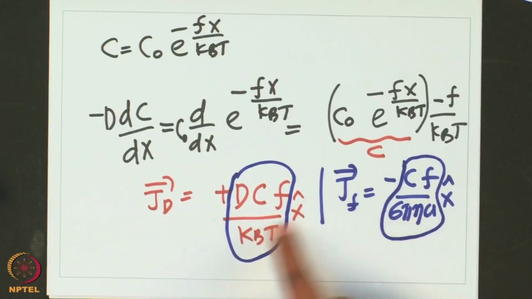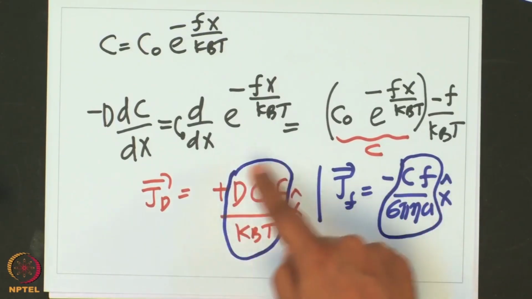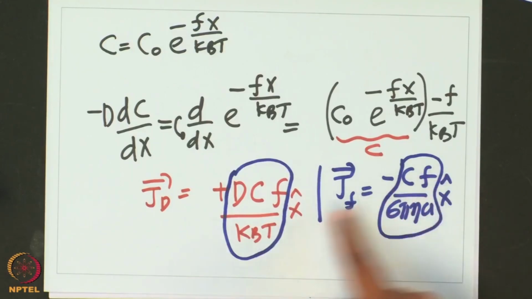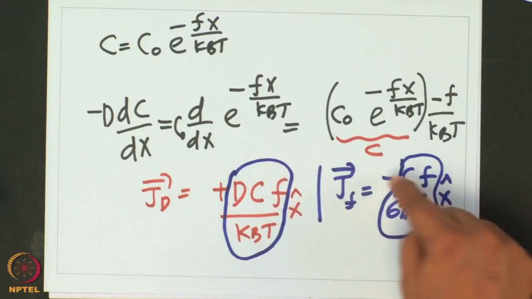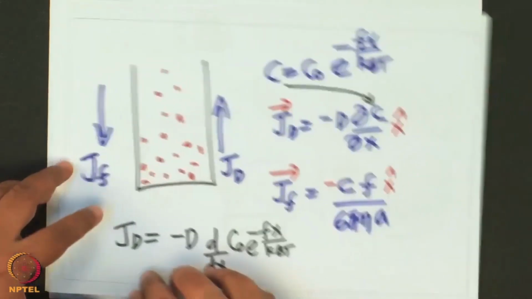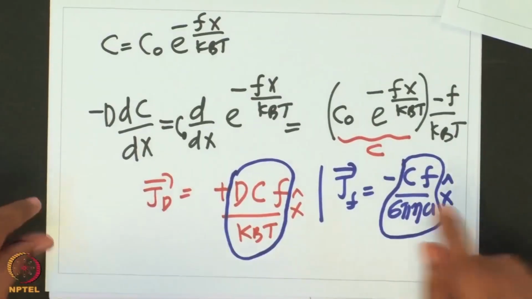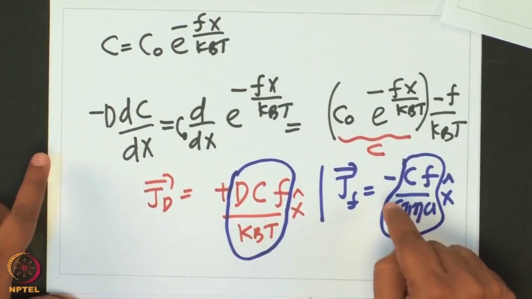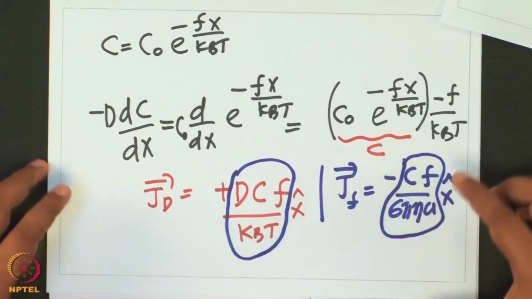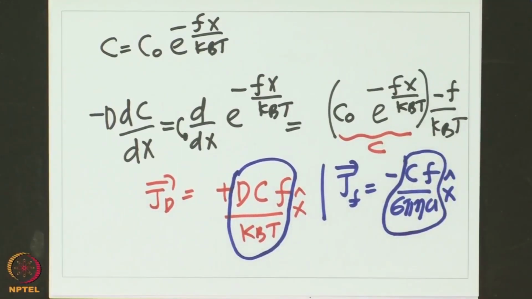If these magnitudes are equal, the flows will be equal in magnitude but opposite in direction. When they are equal in magnitude and opposite in direction, both the flows will cancel, and on average the number of proteins at any point would remain a constant.